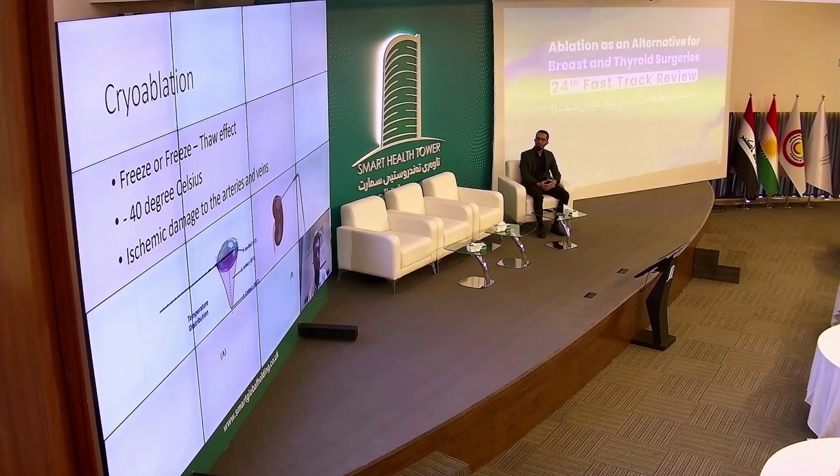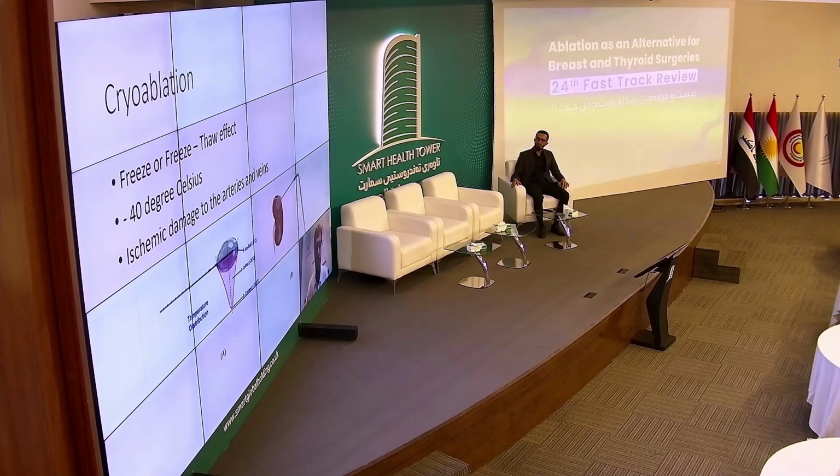And then we come to the third one, which is cryoablation. Cryoablation is the same principle of thermal energy, but it's different in that it uses freezing temperature or a freeze and thaw cycle effect to produce ischemic damage.